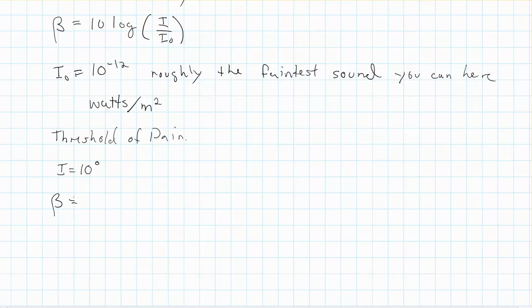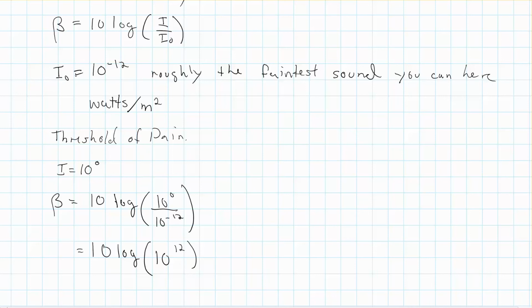So this is beta equal to 10 log of 10 to the 0 over 10 to the minus 12. Now, the reason I'm doing this is I can do this whole problem without even a calculator. This would be 10 log of, well, subtracting exponents, 0 minus negative 12, 10 to the 12th power.